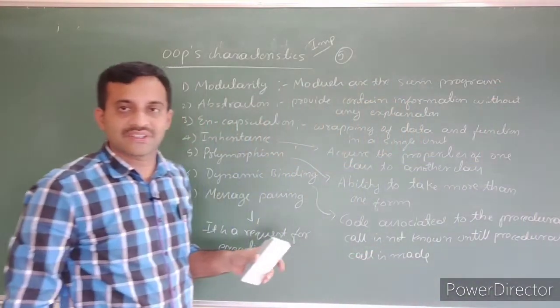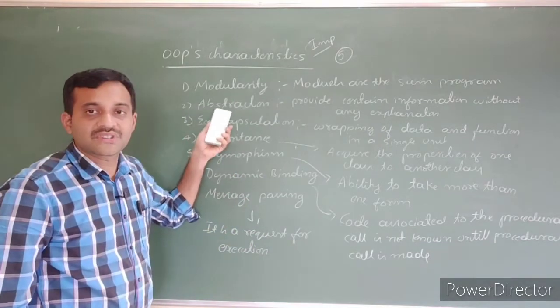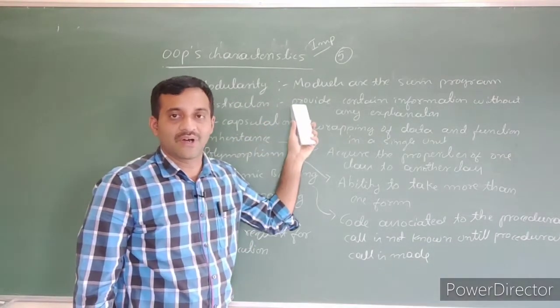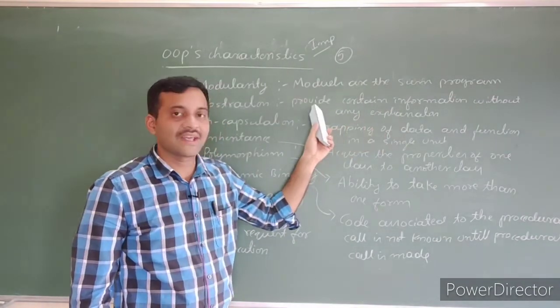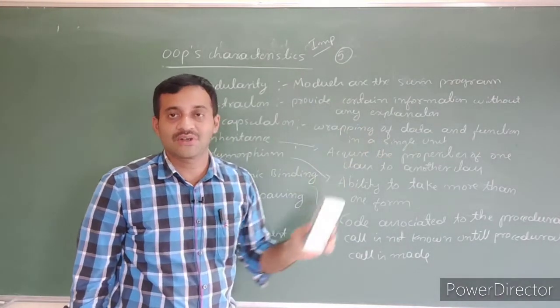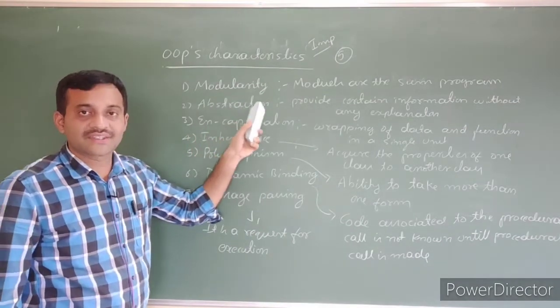Using this technique, we construct a program, that is called modularity. Next one is abstraction. Provide certain information. Object-oriented programs provide certain information without explaining any background detail. That is called abstraction.